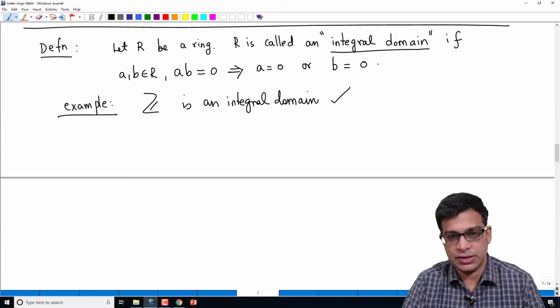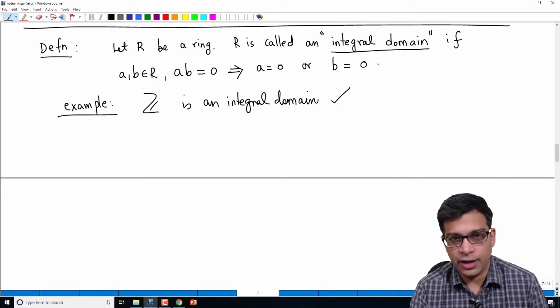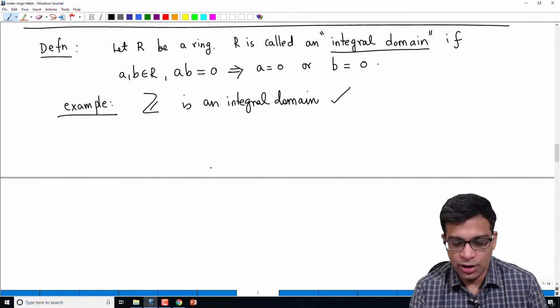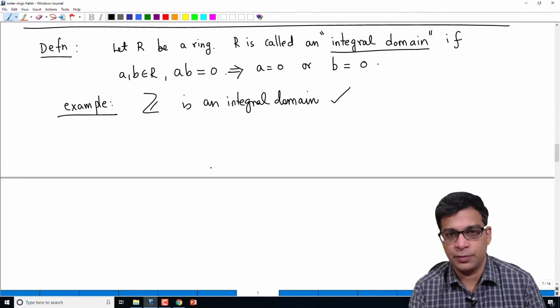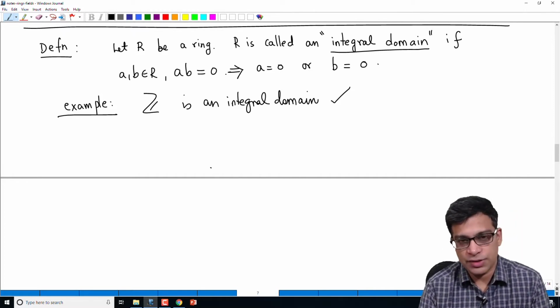In fact, this also suggests that this is related to the definition of prime ideal. There, an ideal I is called prime if AB is in I implies A is in I or B is in I. Here, instead of asking for AB in I, we are saying AB is equal to 0. In other words, it is a statement about the 0 ideal.